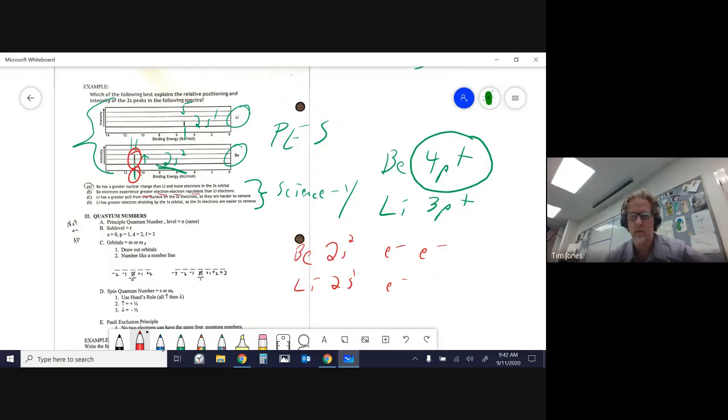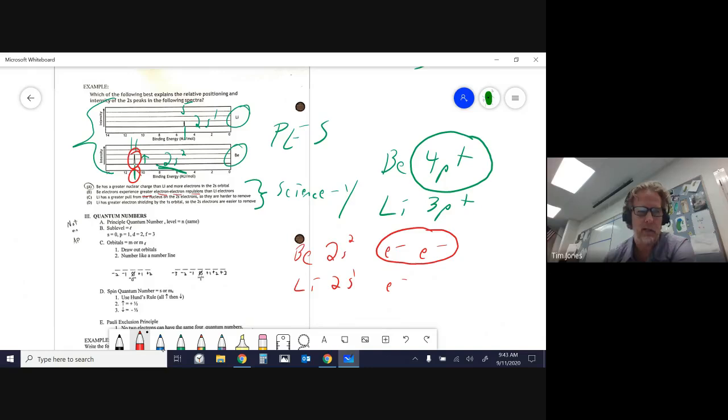That means these 2 electrons are going to repel each other. They're also going to repel the electrons in the 1s as well. So this statement that beryllium has greater electron-electron repulsion is correct, but that doesn't explain the chart.